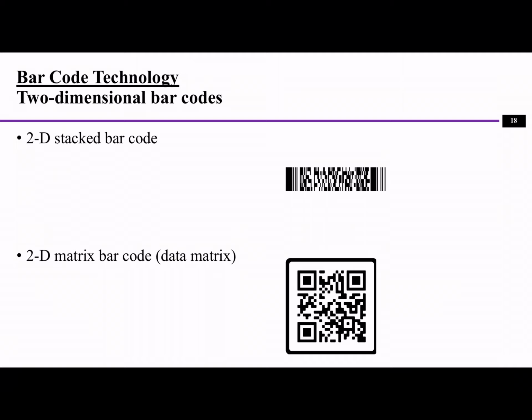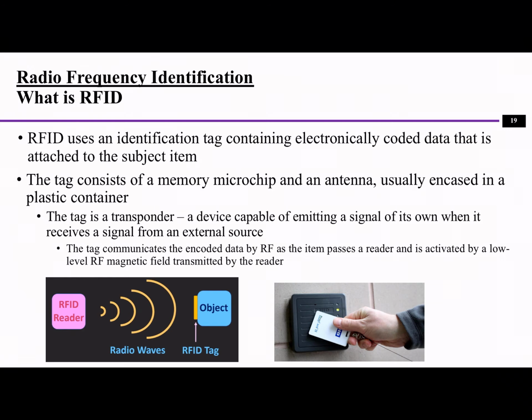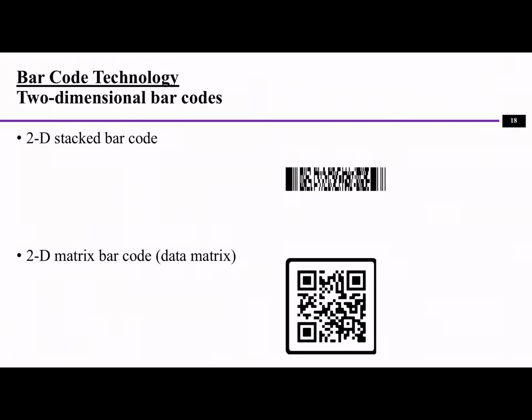Then they just add one row on top of another to become a 2D stacked barcode. The second one is the matrix barcode. As you can tell, it uses the matrix, with different squares and also empty white places to contain the information, to code the information. So that's about the barcode.